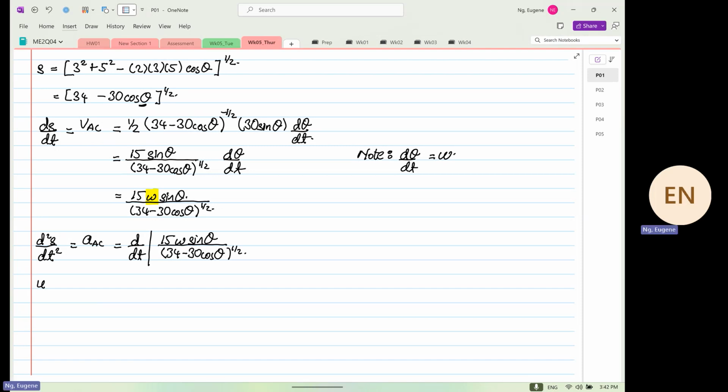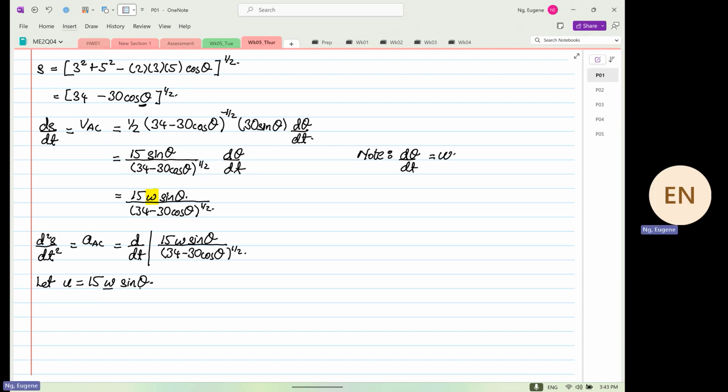Okay, so now we are going to let small u be equal to 15 omega sine theta. My advice to you is to underline what variables are time functions. Is omega a function of time? Anyone? It is.